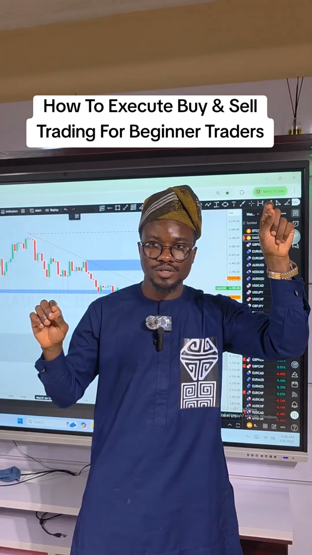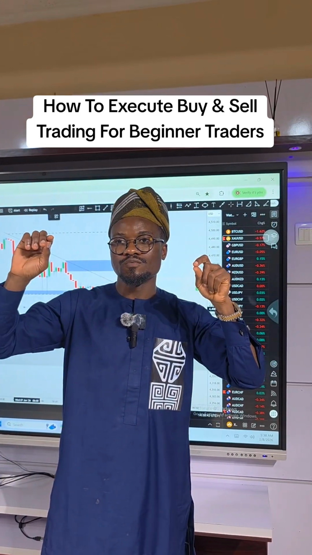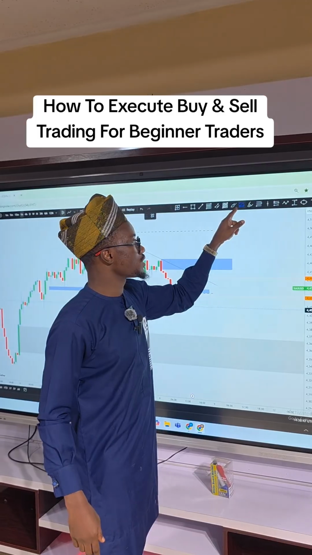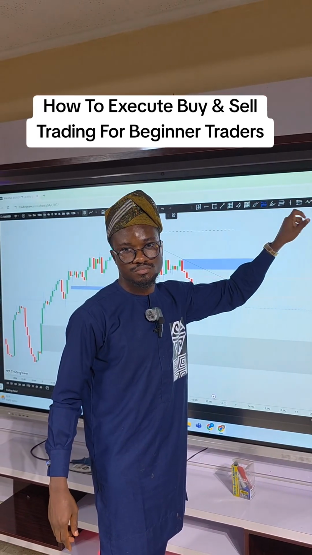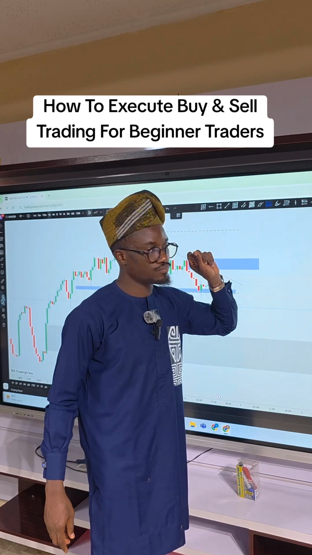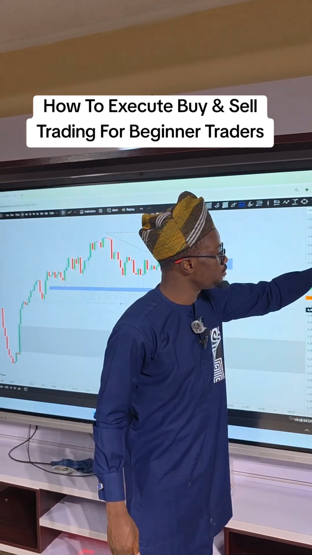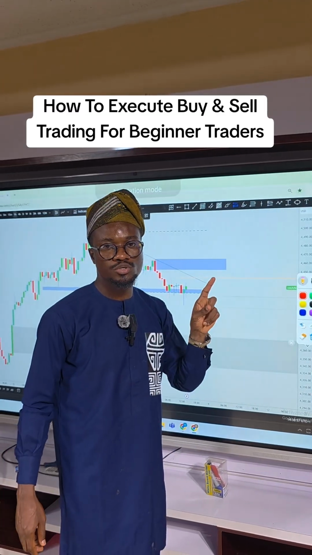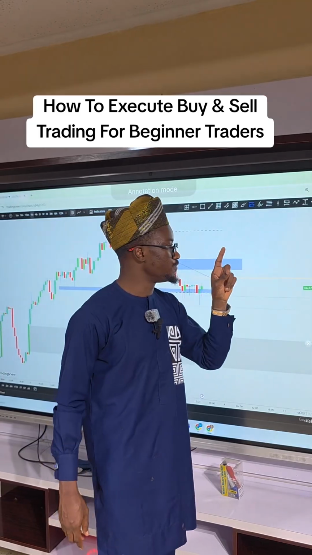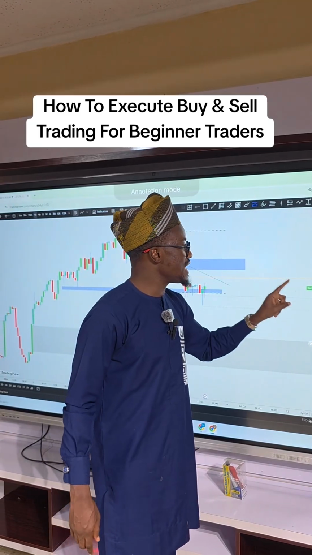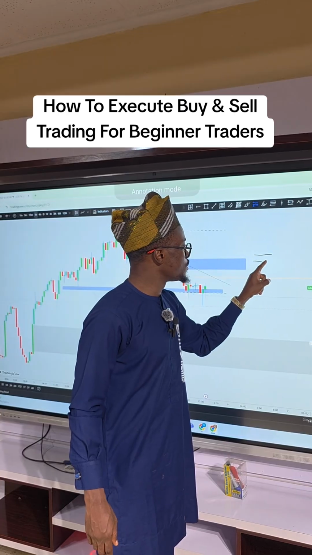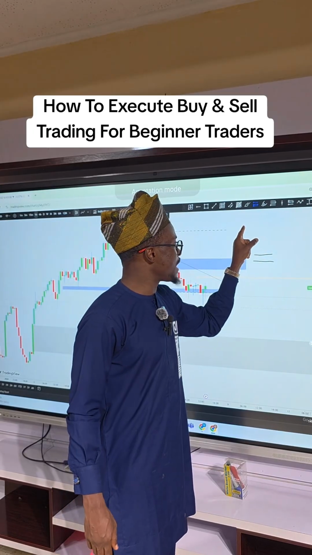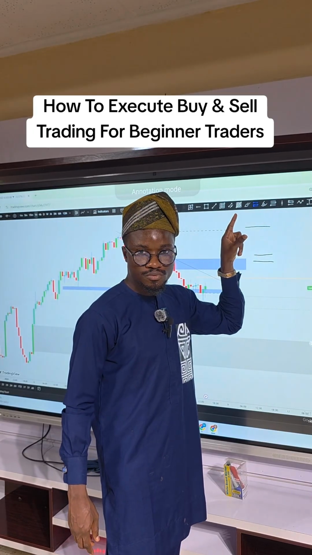The risk to reward ratio tool you use for long, that is for buy, is different from the one you use for sell, which is short. This one is the long and this one is the short. And how can you know it? If you study properly the diagram of your risk to reward ratio tools on your TradingView, you will see that for the long, the two horizontal lines will be closer than the third horizontal line, which will be above.